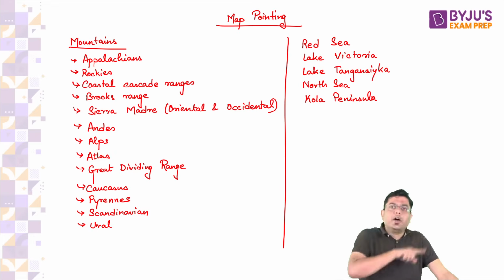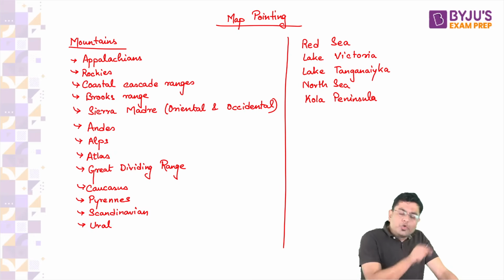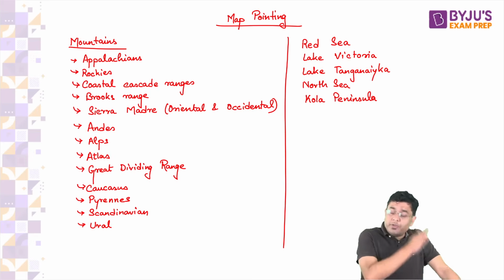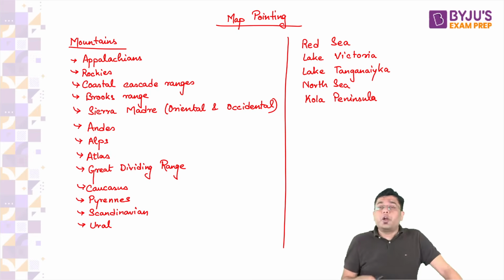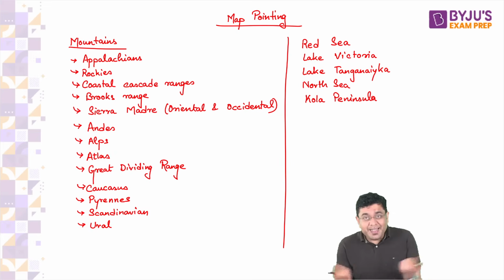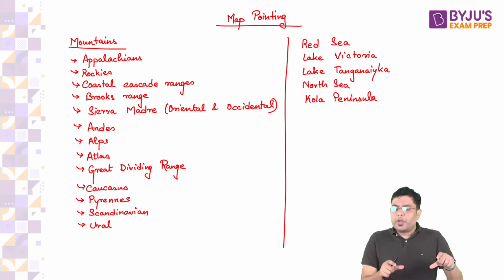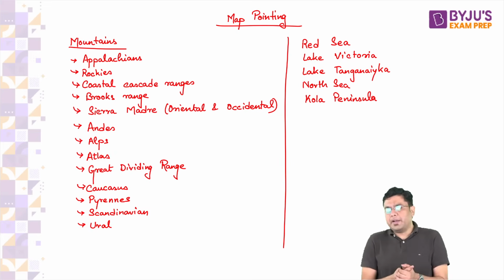What are the regions around it? Is there an Ozark Plateau near it? Where are the coastal Cascade Ranges in North America situated? Is it closer to the western boundary? Where are the Rockies situated? Look at the regions around it, the vicinity areas. That is why I'm giving you map pointing. The area that you are looking at, look at the vicinity of that as well.